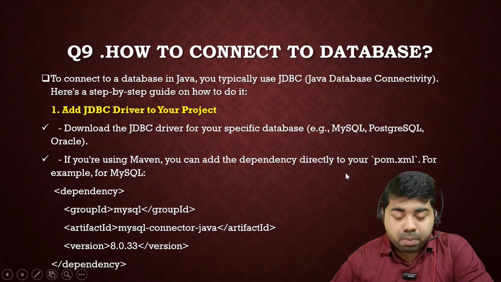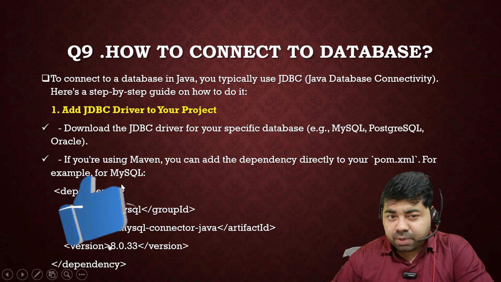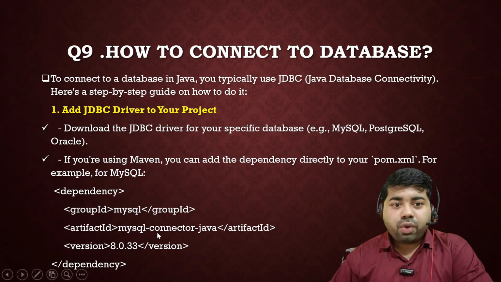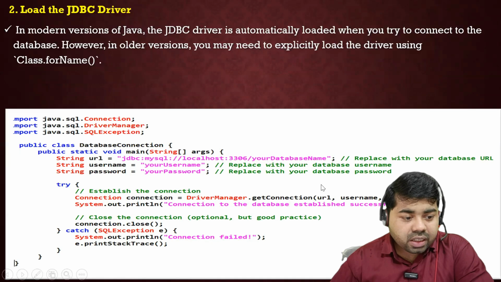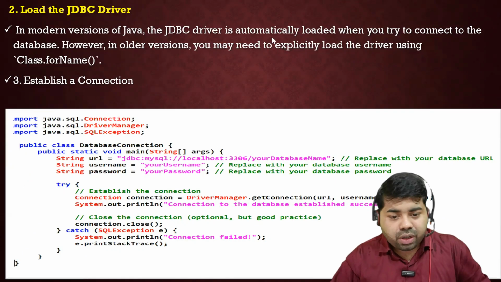Suppose I am using MySQL. You can just go to the Maven repository. The first step is to download the dependency, then add it in the pom.xml file, and this is the code for database connectivity. I'll explain this code, don't worry.